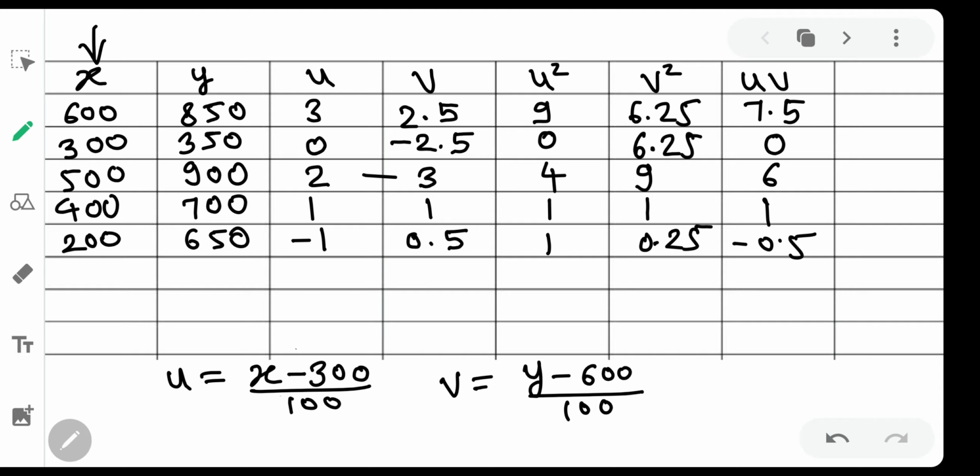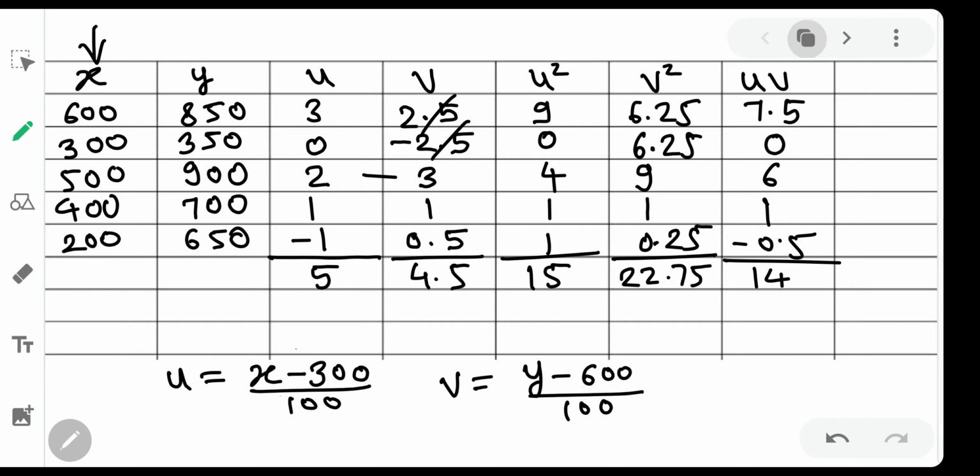Now, similar to the earlier sums, we have to do the summation of u, v, u square, v square and uv. Summation u would be 5. Summation v would be 4.5, since 2.5 minus 2.5 cancelled, and 3 plus 1 is 4. Summation u square would be 15, summation v square would be 22.75 and summation uv would be 14.